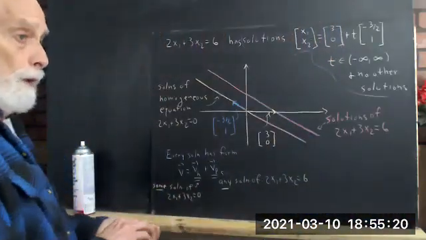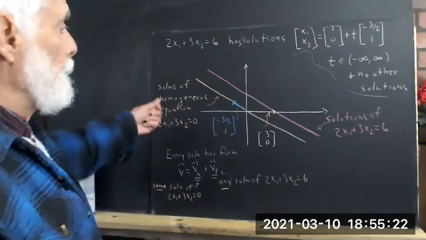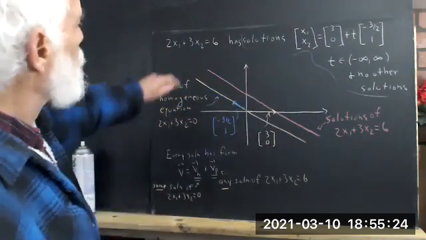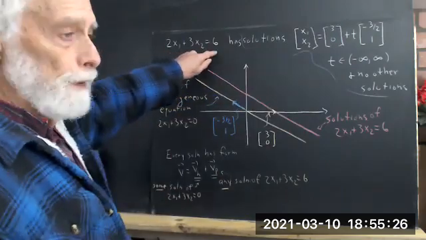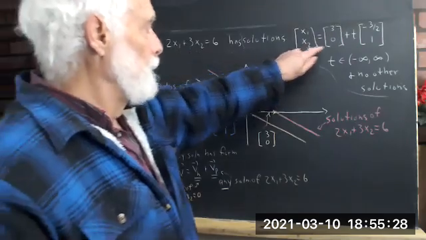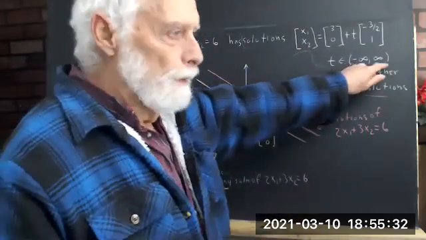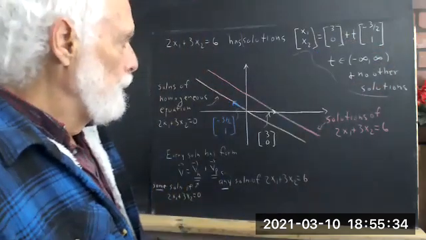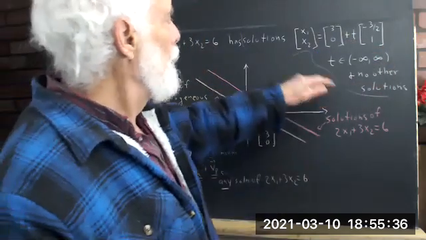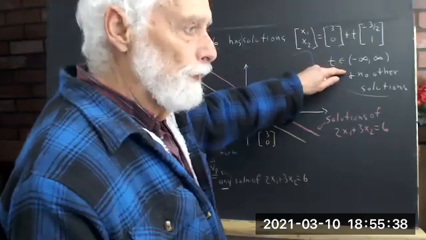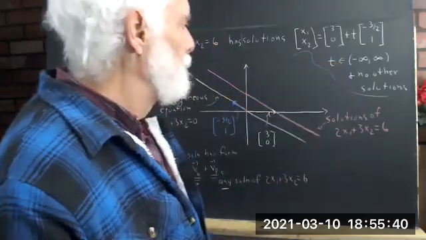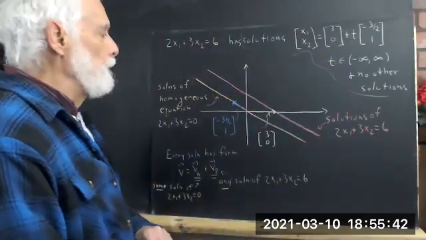Just to try to make these points really clear, bigger picture. Again, we have this equation. Its solutions we've seen have this form, where t can be any number from negative infinity to infinity. And it has these solutions and no other solutions.